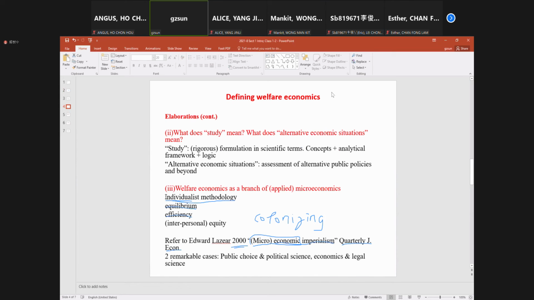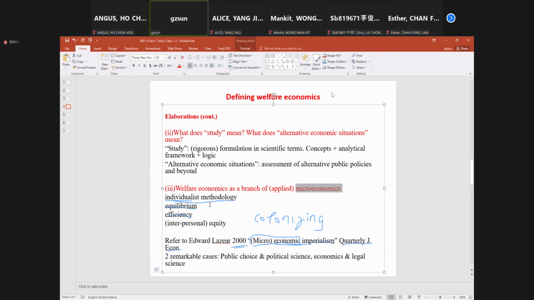okay, then we claim that's sort of individualist methodology. We start from individual choice. This is something quite different from sociology. And in general, they don't take this approach. But for economists, we do, particularly in macroeconomics.